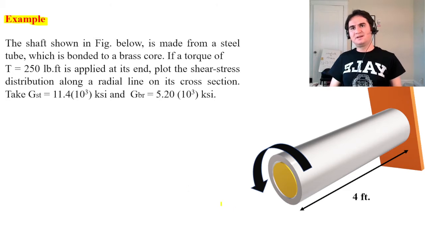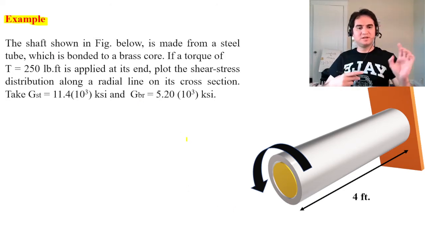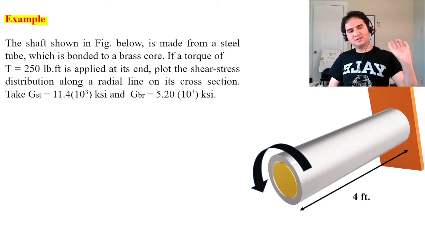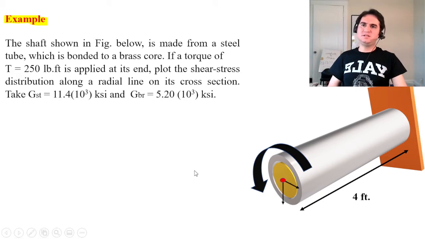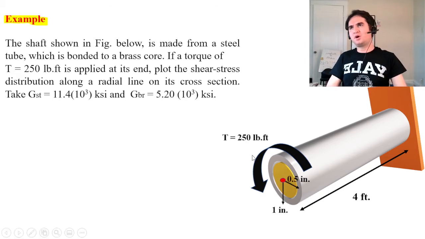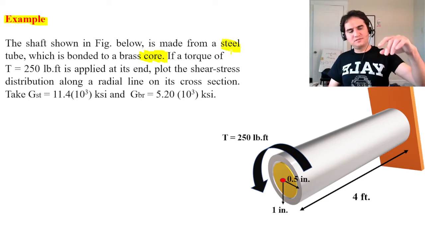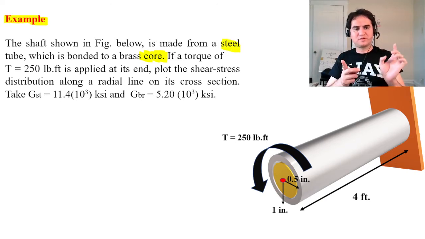So again, if you look at the problem statement, two shafts are embedded in each other, and a torsional torque is applied counterclockwise, where T is 250 pound-feet. The brass core and the steel outer have no way to rotate relative to each other, with the same angle of twist.